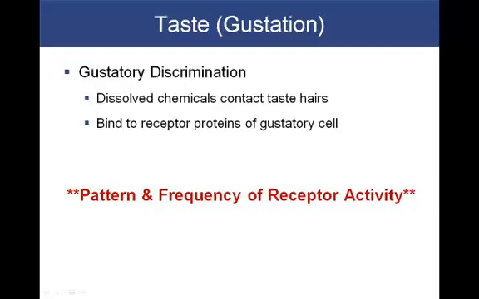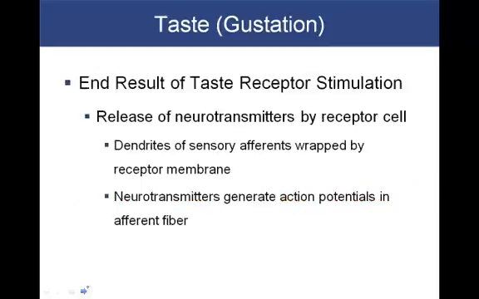It's the pattern and the frequency of those action potentials as they're being shunted back to the cortex that ultimately translates into a particular taste. End results: with the binding of the receptor, there's a release of the neurotransmitter, and then you get the generation of an action potential in an afferent fiber heading back to the central nervous system.